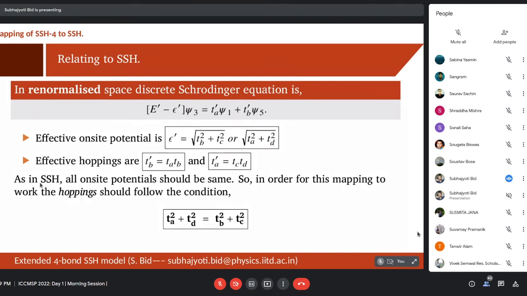Now in SSH, all the on-site potentials were the same. That's why the inversion symmetry of the problem was intact. And in order to induce inversion symmetry in the problem, what I claim is TA square plus TD square is equal to TB square plus TC square. Otherwise, for any kind of hopping, this topological phase transition will not happen. This is a constraint equation. This equation needs to be satisfied in order to have a quantized value of the Zak phase or winding number.